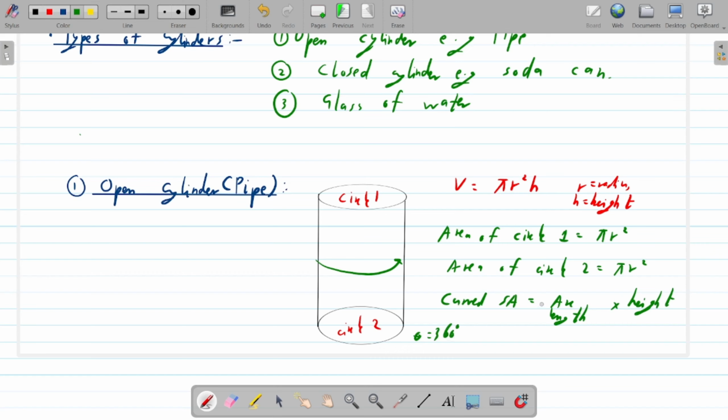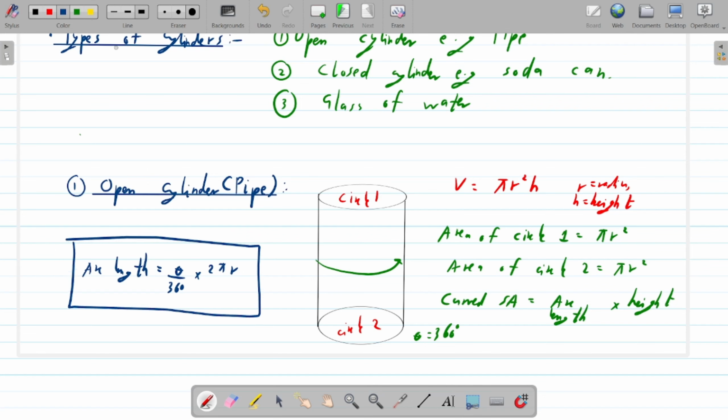Arc length has a formula as well. What is arc length? If you write on the side, arc length has the formula theta over 360 times 2 pi r. That's the formula for arc length.